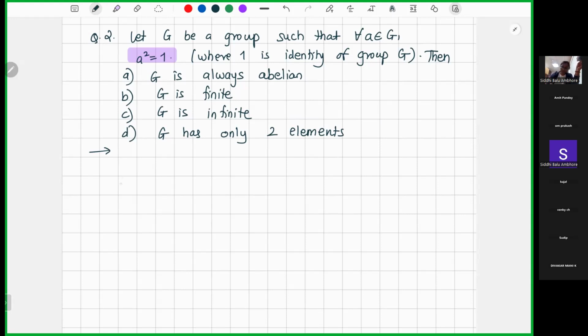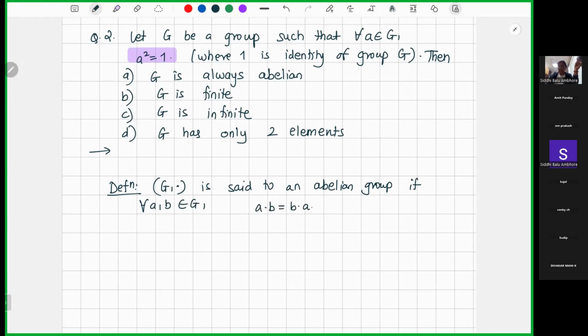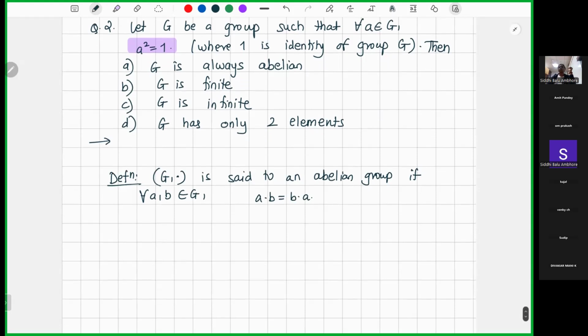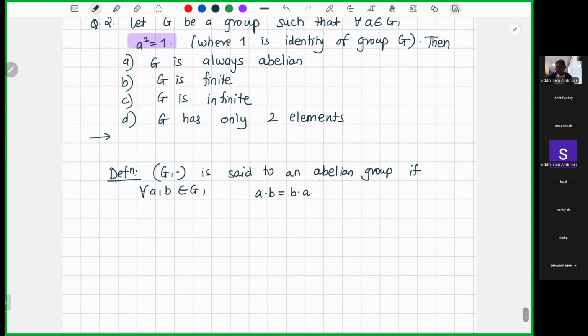So G is abelian. Let me tell you what abelian means. Definition: G, dot is said to be an abelian group if for all A, B in G, I must have A dot B is equal to B dot A. If anyone does not know what it means, abelian means the operation must satisfy commutativity.